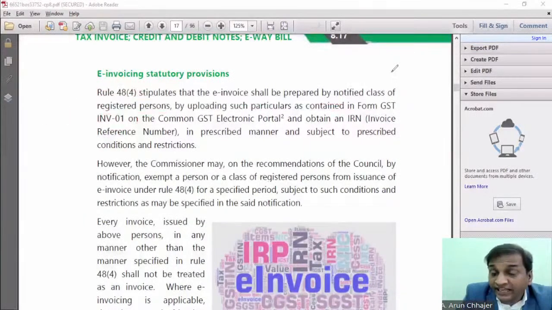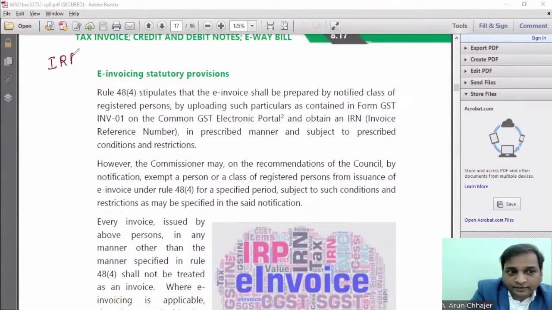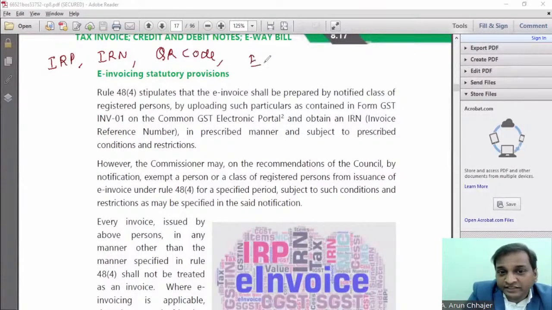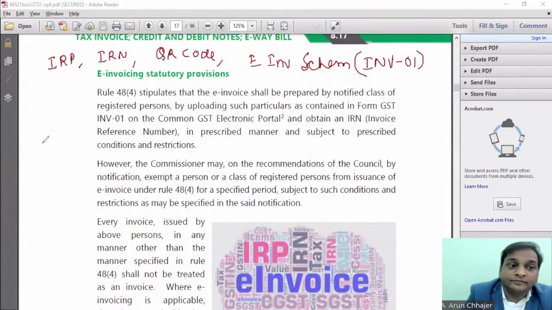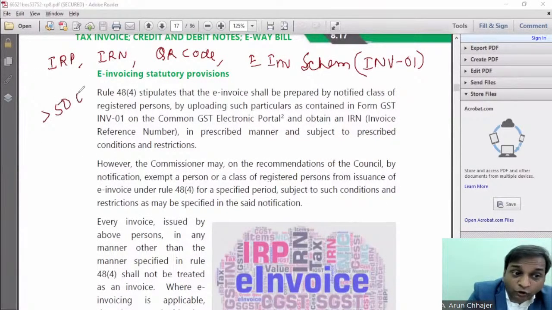So what words have to come in the answer? First IRP, second IRN, third QR code, fourth e-invoice schema, and within bracket you will write INV-01. And greater than 50 crore, any preceding financial year 17-18 onward.